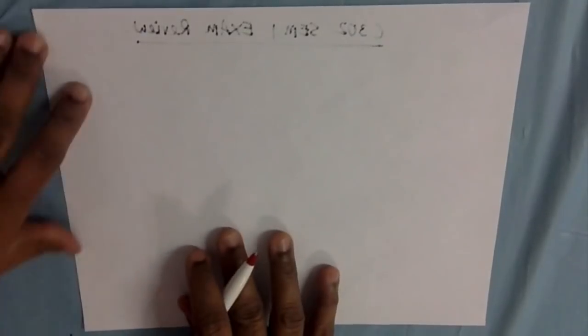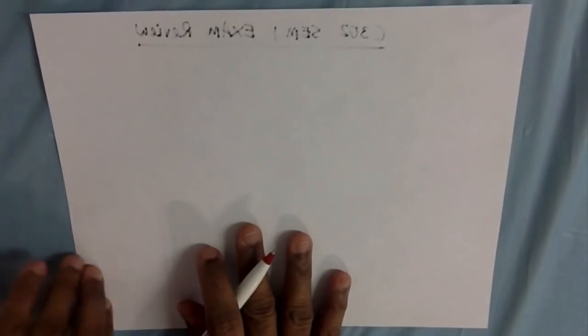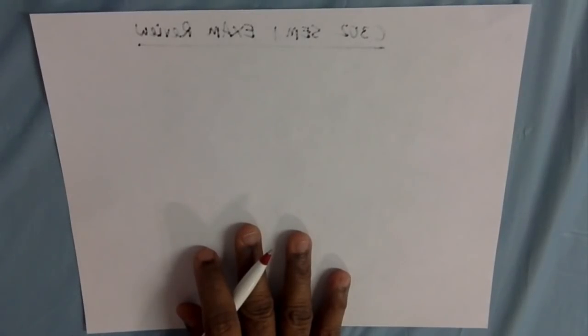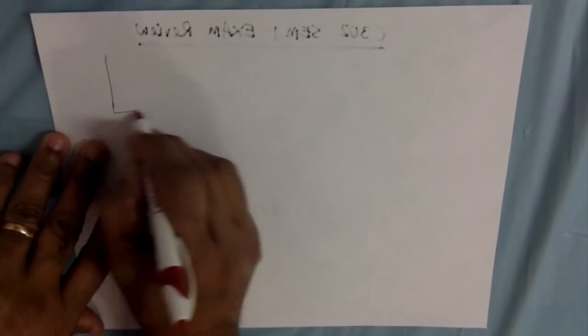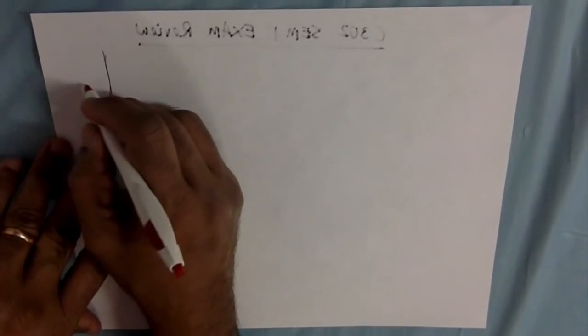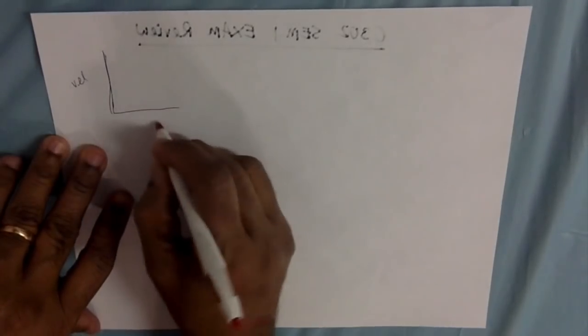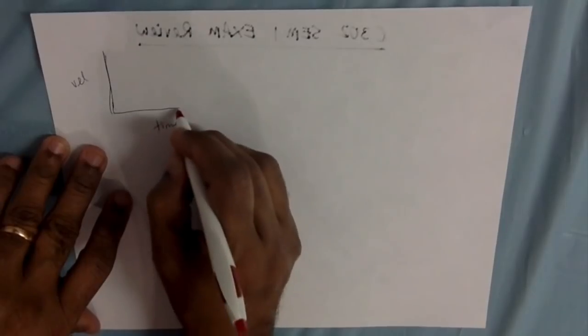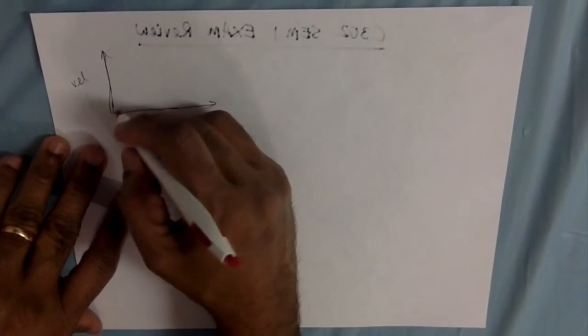The other areas that you need to focus on: when we talked about the graphs, suppose you're talking about a velocity time graph.